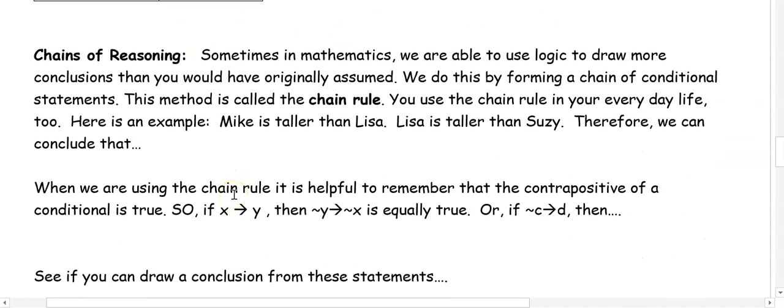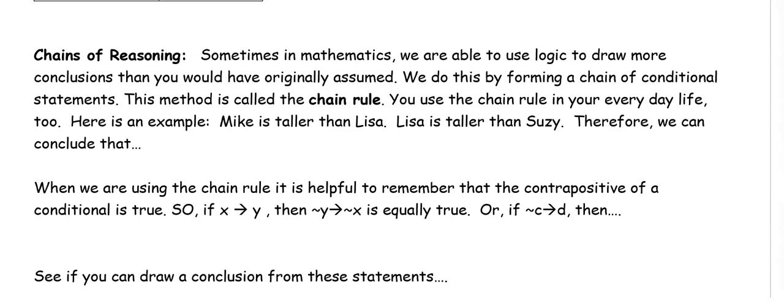The rest of the lesson, we are going to talk about the chain of reasoning. So sometimes in mathematics, we are able to use logic to draw more conclusions than what you have originally assumed. We do this by forming a chain of conditional statements. This method is called the chain rule. You use the chain rule in everyday life. Here's an example. Mike is taller than Lisa. Lisa is taller than Susie.